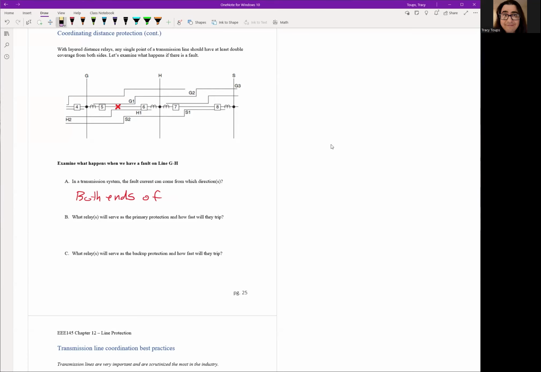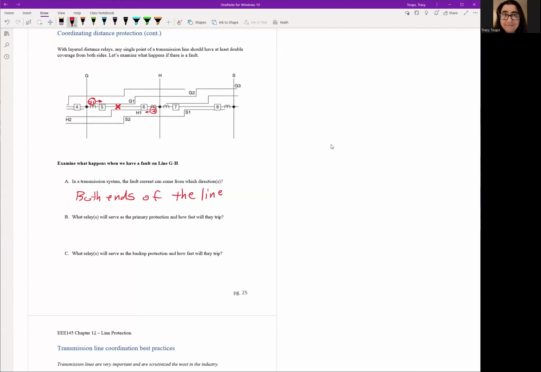So definitely expect it to happen. So we're going to have a relay at substation G and a relay at substation H, both of them looking into the line. So we're going to have a 21 relay here and a 21 relay here, and they're both looking into the line this way and this way.